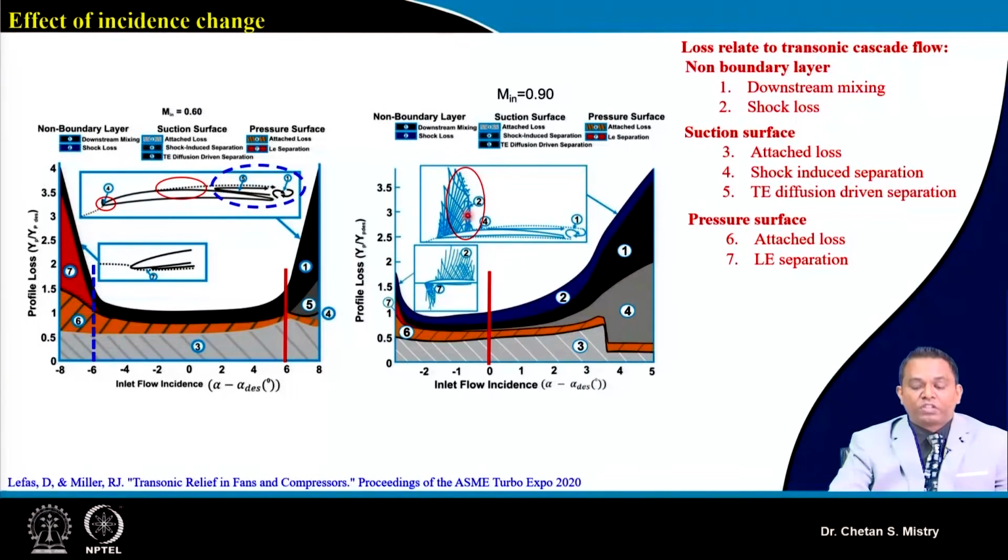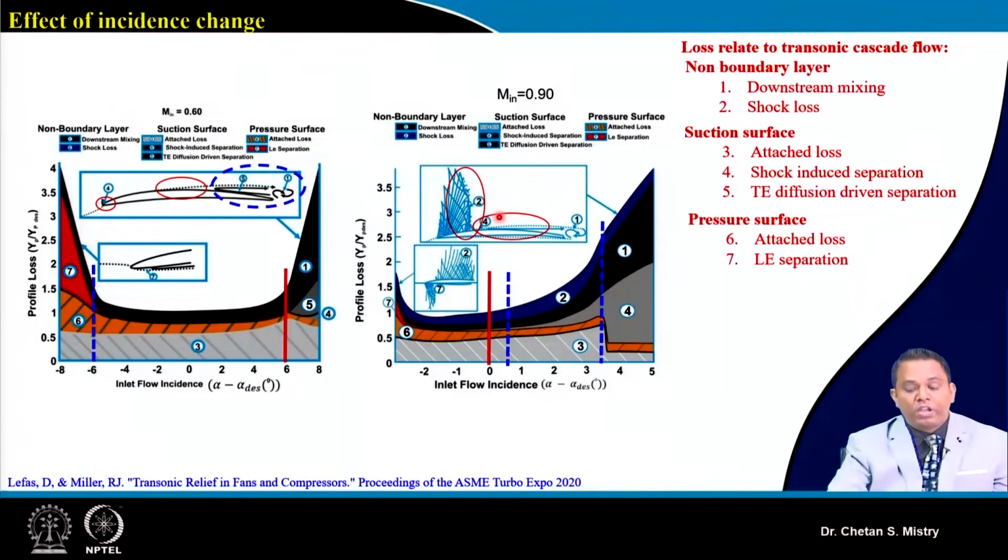If we move slightly downside, maybe changing the incidence angle to 0.58, under that condition we will have suction surface separation in this particular region.